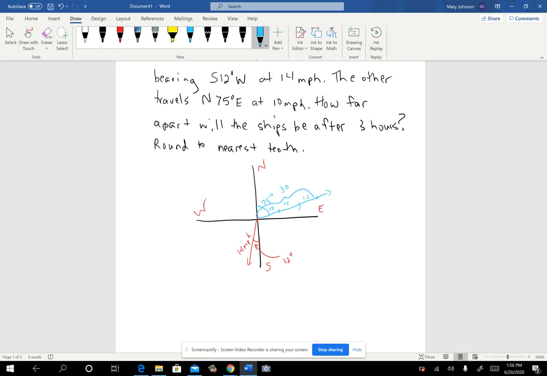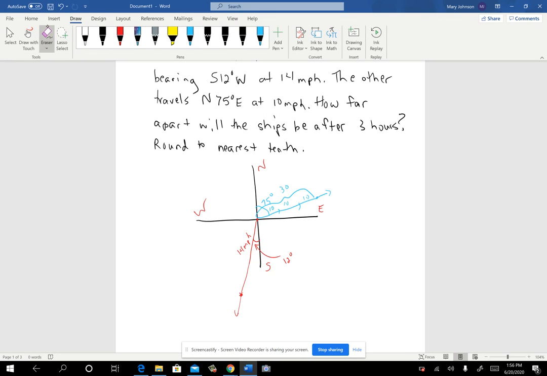Now, after 3 hours, the other guy's going to have gone 14 times 3, so that would be 42. So that needs to be a little bit longer. Let's continue that. We've got to imagine something where he goes 42, a little bit longer than the other guy.